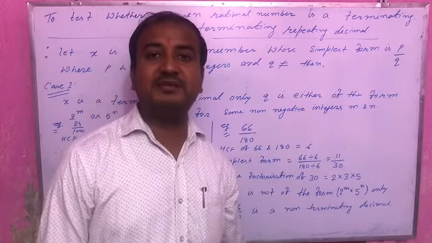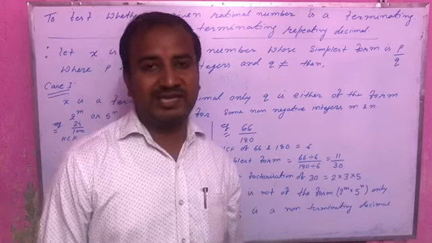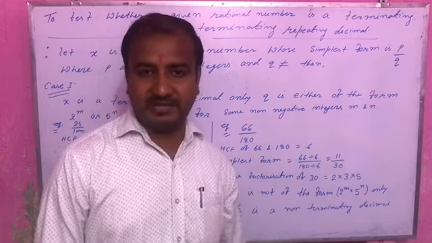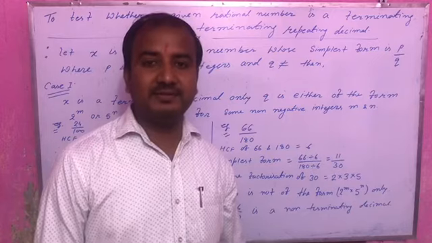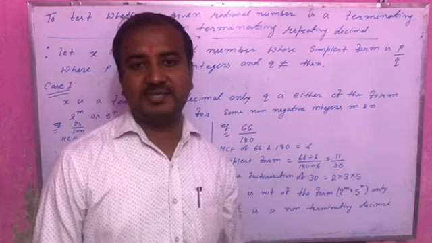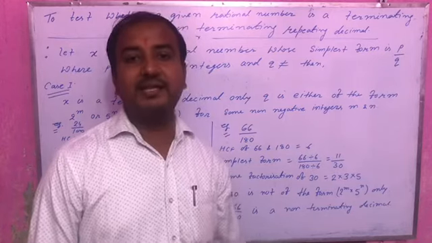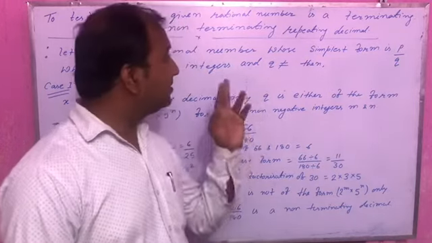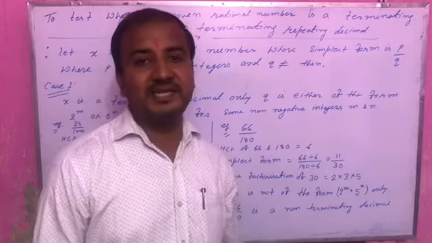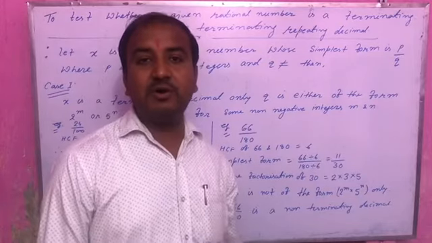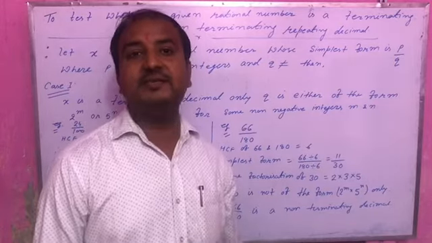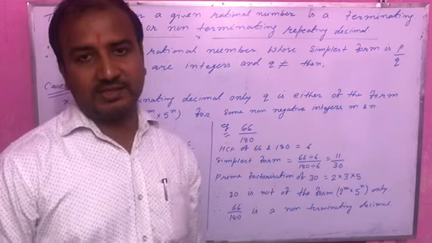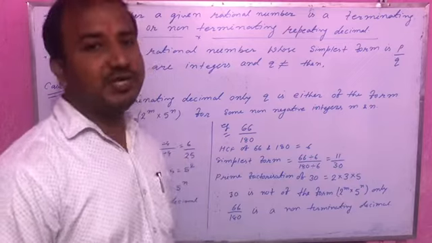But here we will check the same thing without actual division. We will not divide here. Without actual division, we will check whether the decimal expansion of a rational is either terminating or non-terminating repeating. Okay. So for showing this, how to check without actual division?